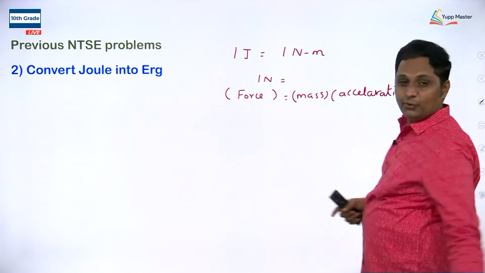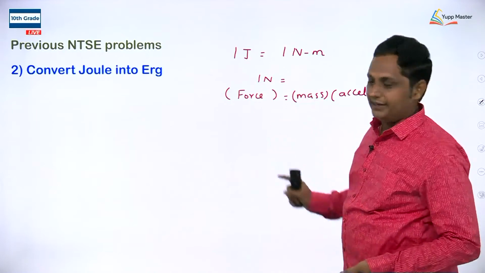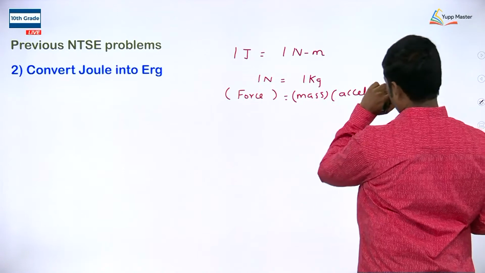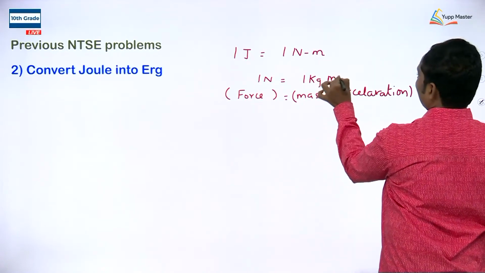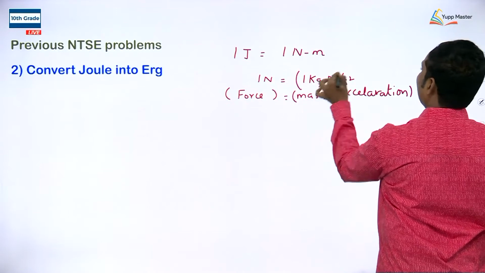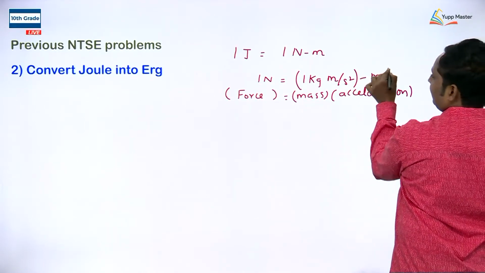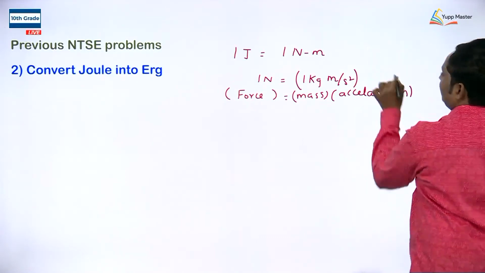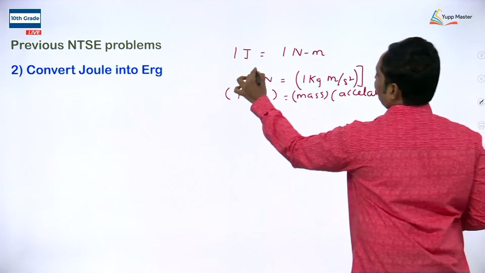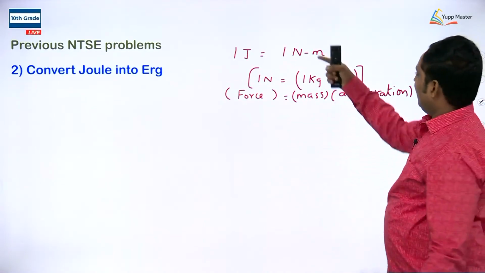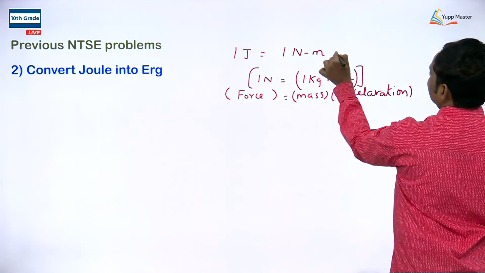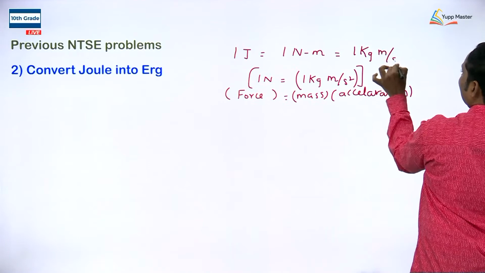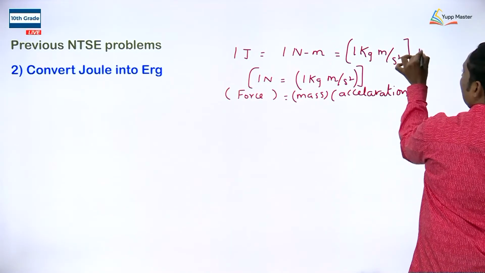Already you have studied this in lower classes, but its representation is required for the conversion. 1 Newton is equal to 1 kg meter per second square. Substituting, 1 joule is equal to 1 kg meter per second square into meter.